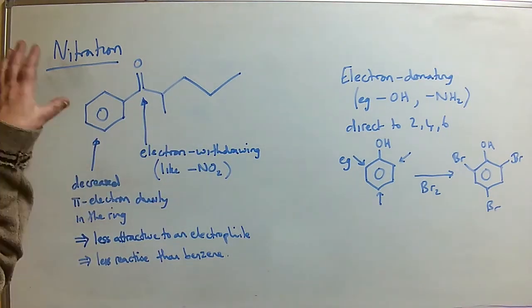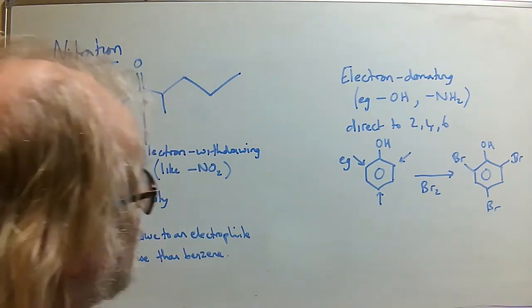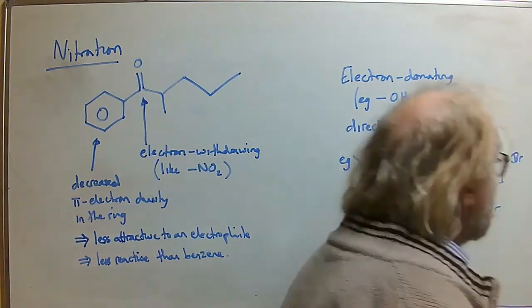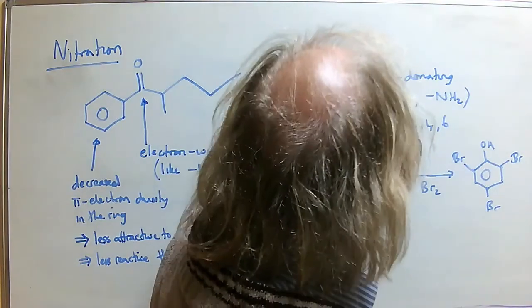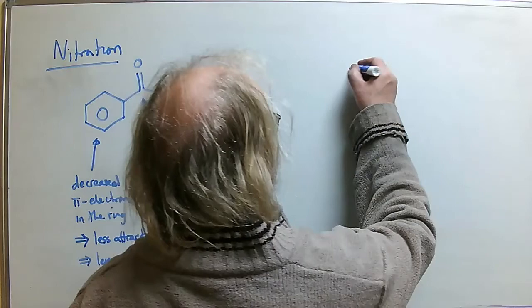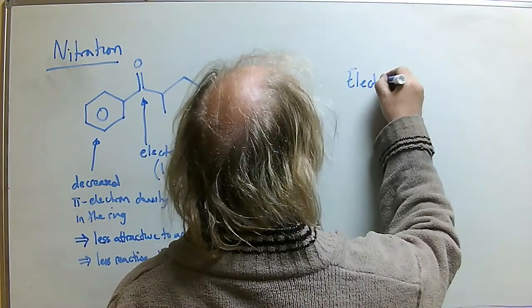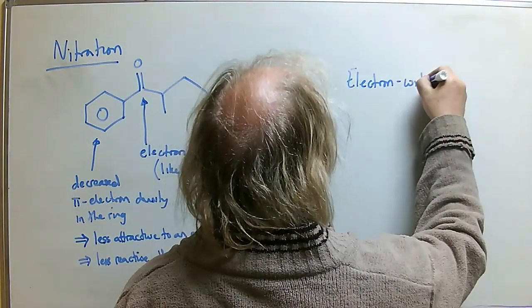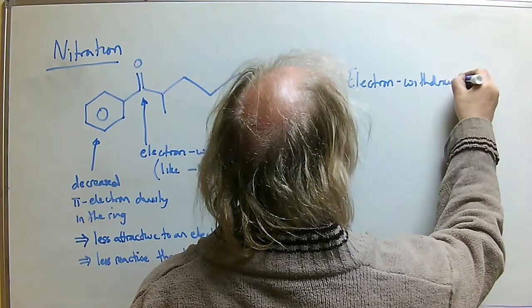But that's not what this is about, because this was talking about an electron withdrawing group. So if you have an electron withdrawing group, the easy way to remember is that it goes to the other positions, which would be 3 or 5.